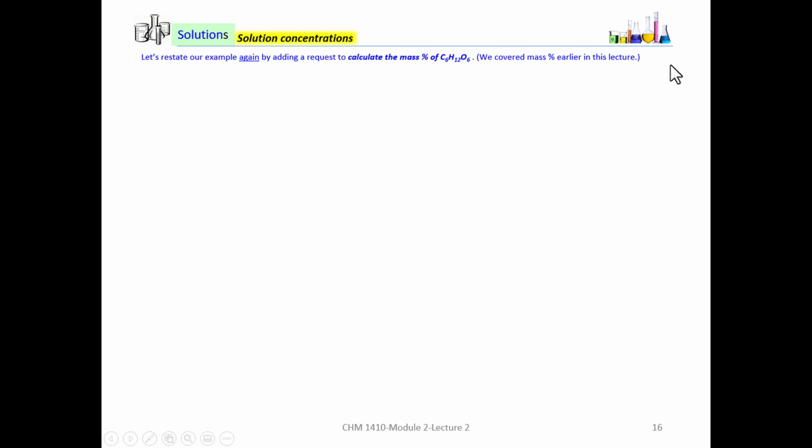Let's restate our example situation once again, and this time we'll add the request to calculate the mass percent of glucose. Remember, we covered mass percent earlier in part 1 of this lecture. So now we have the same situation with the same information, with a request that you calculate the molarity, the molality, the mole fraction, and the mass percent of glucose in the solution.